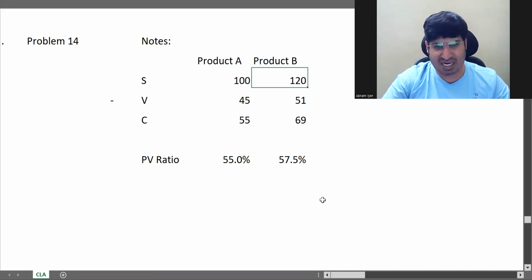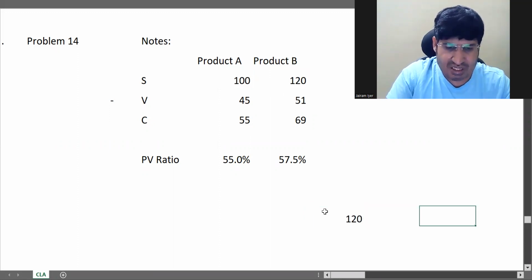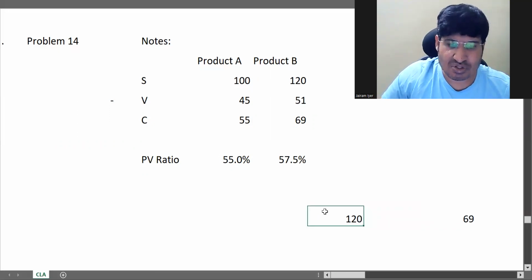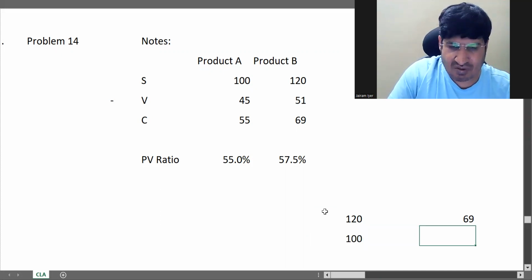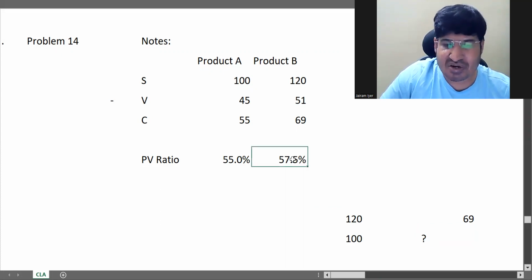So in the second line, 120 is the sales value, 69 is your contribution. If 100 was your sales value, what will be your contribution? This is nothing but your PV ratio, correct? 100 into 69 upon 120 is nothing but your PV ratio.